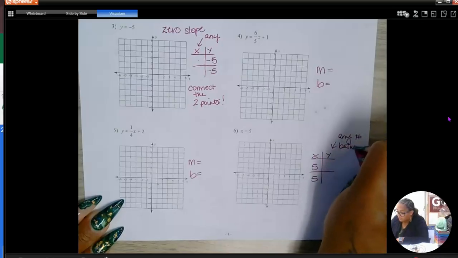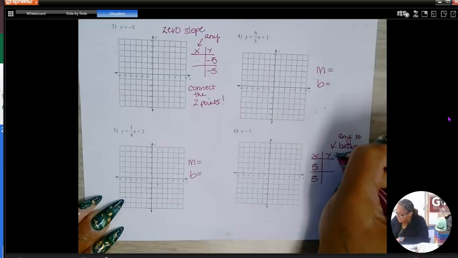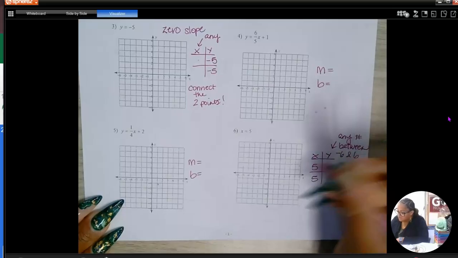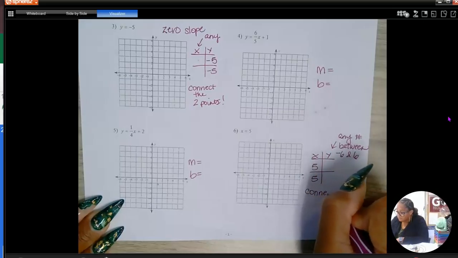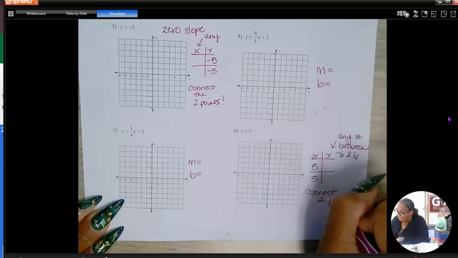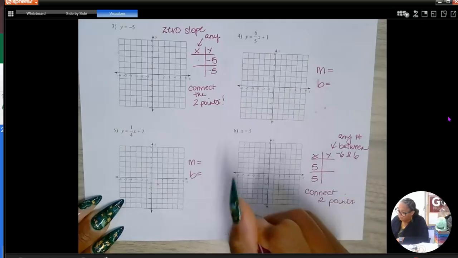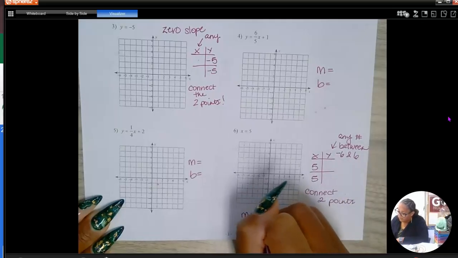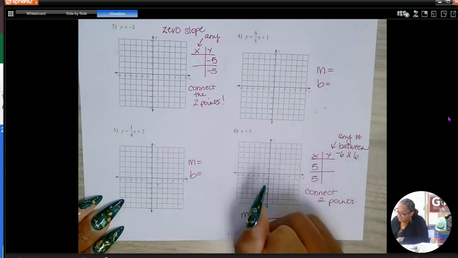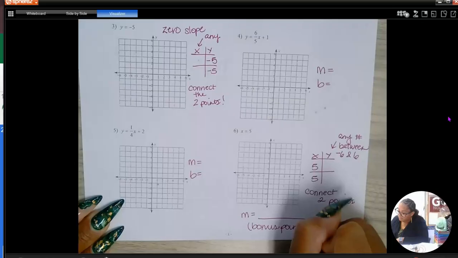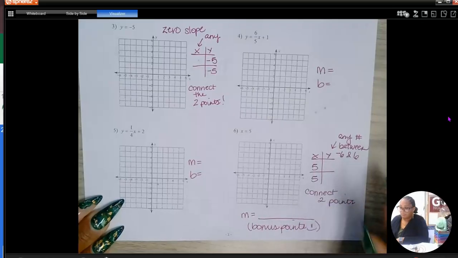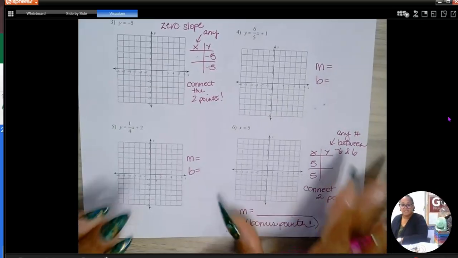Any number between -6 and 6. So any of these numbers here, connect the 2 points. And then you can tell me what kind of slope this is. You can get bonus points. All right, so there's that.